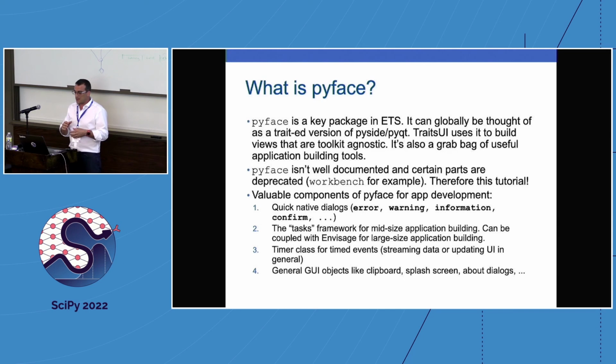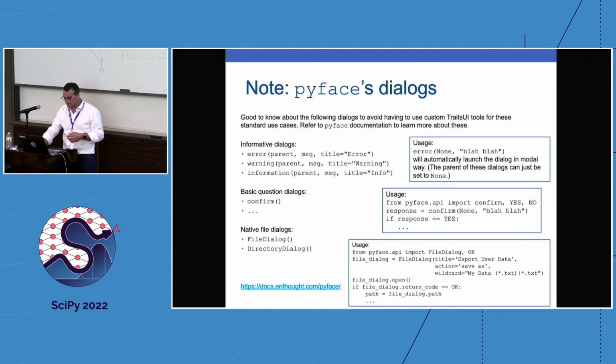So it is this layer, but what I want to focus on, so it's a few things. It's even a few things that are now deprecated, like the workbench. It provides native dialogues, and so that's another thing you could go and explore. I'm going to skip that slide, and I'm going to focus on this item number 2 here, which is this task framework. So allow me to focus on that.